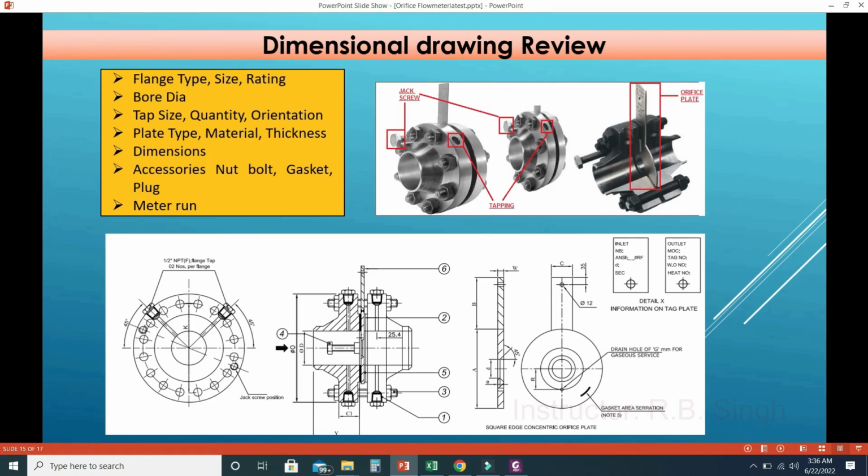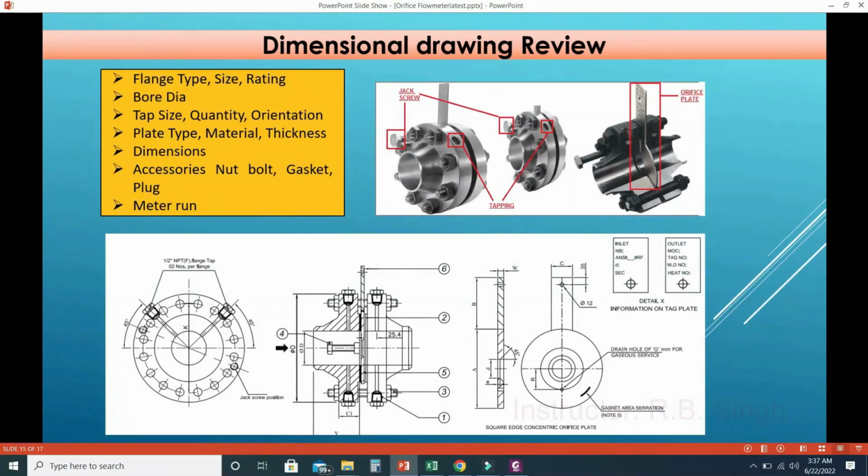We also have to check some information on the tag plate, on the handle. As per the project requirement we require some minimum information, like the inlet, the bore size, the rating of the orifice plate and model number of the orifice plate, and design condition, design pressure, design temperature of the orifice plate, thickness of the orifice plate, material of the orifice plate.